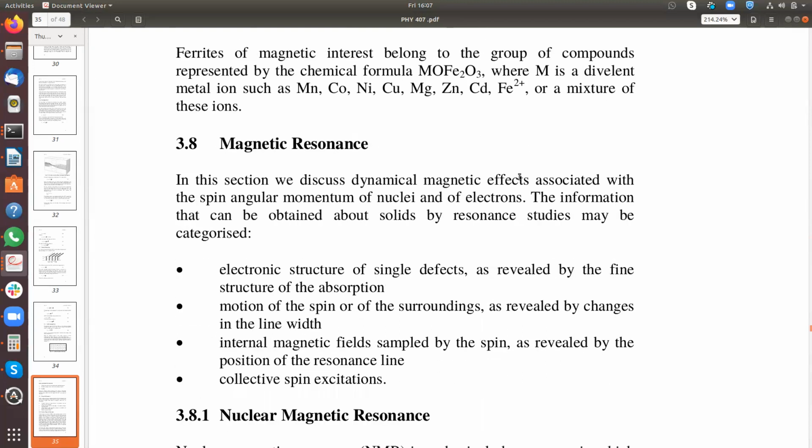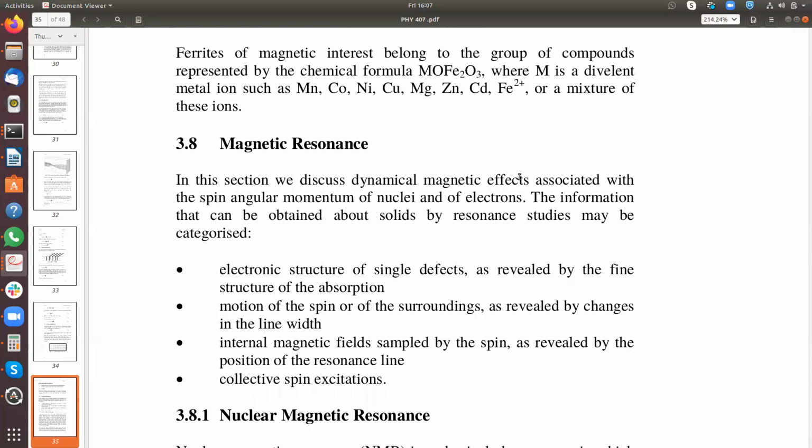Now let's look at magnetic resonance, which is the focus of today's class. In this discussion today, we shall be discussing dynamic magnetic effects, which are associated with the spin angular momentum of nuclei and of electrons. The information that can be obtained about solids by resonance study may be categorized as follows.